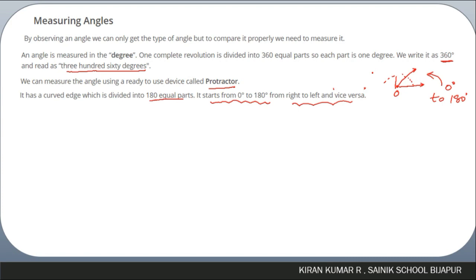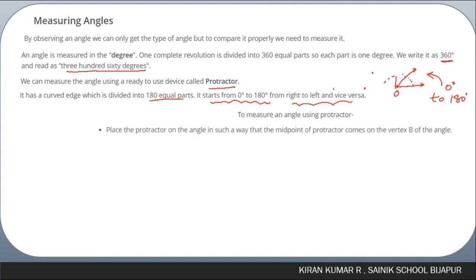Steps to be followed in measuring angles using a protractor. Place the protractor on the angle in such a way that the midpoint of the protractor comes on the vertex B of the angle.